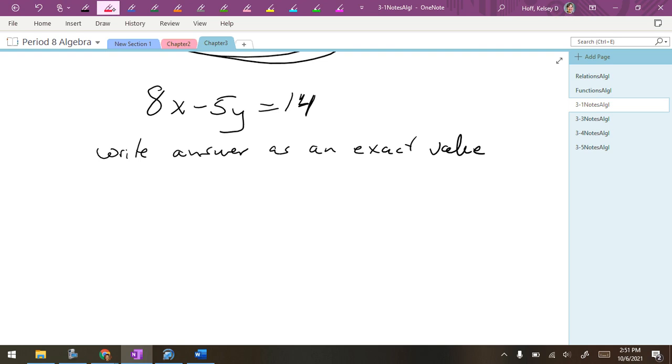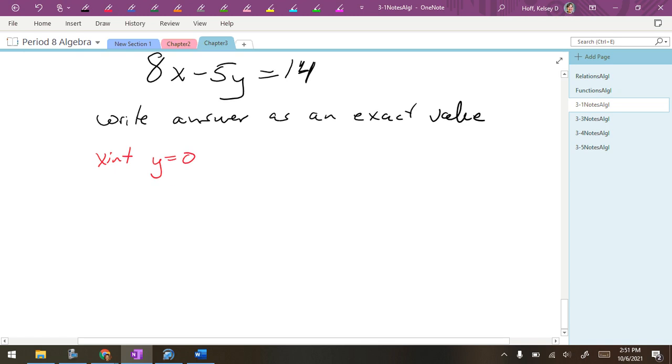All right, what do you know about every x-intercept? y equals 0. So I take my equation and I replace y with 0. 8x minus 5 times 0 equals 14. What happens? Yep, negative 5 times 0 cancels. 8x equals 14.